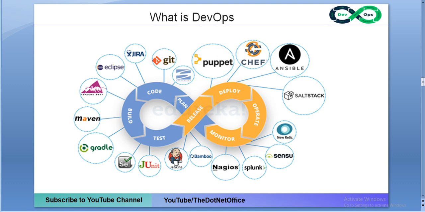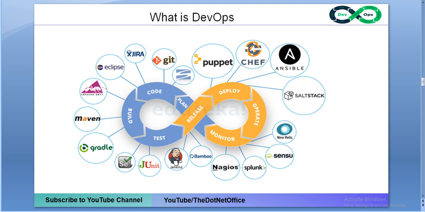A DevOps developer is not for knowing only one part. A full DevOps developer is a developer who knows everything from coding to deployment to the server, and they should have knowledge of every tool, like on which part which tool is useful.